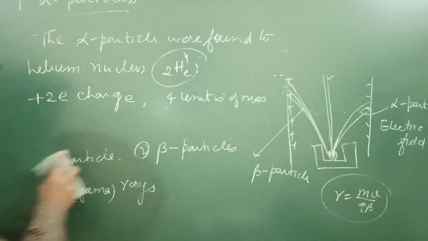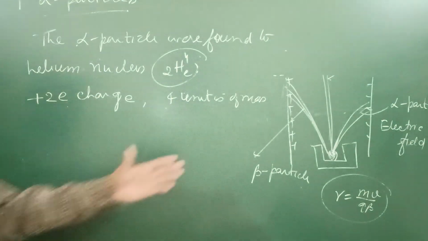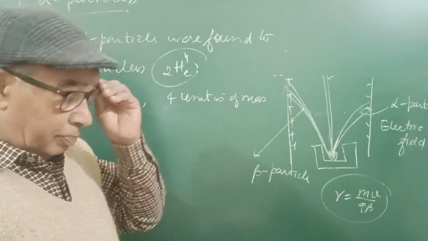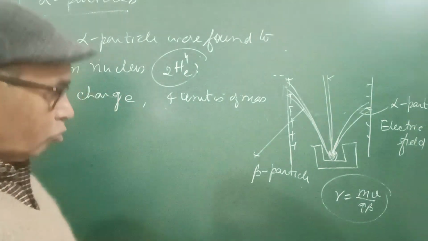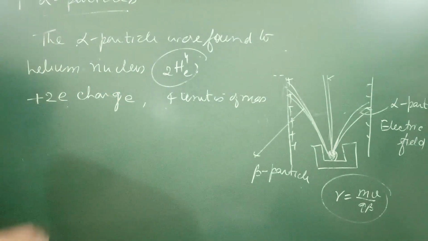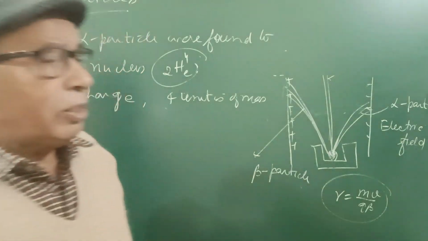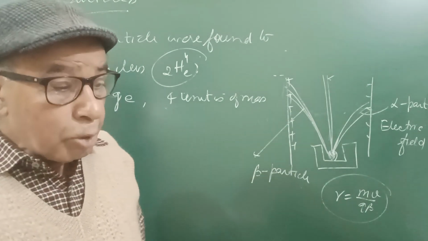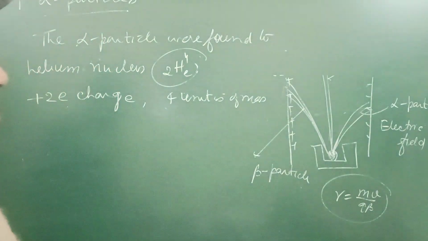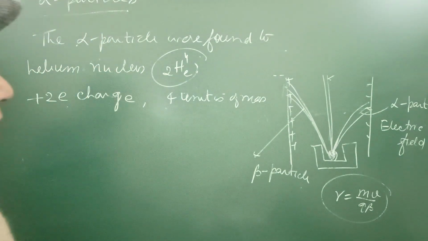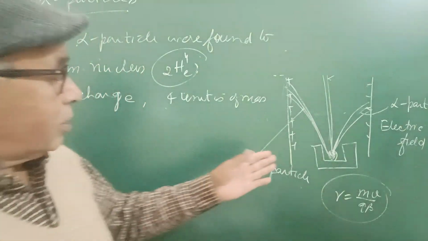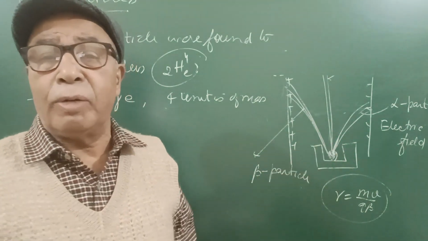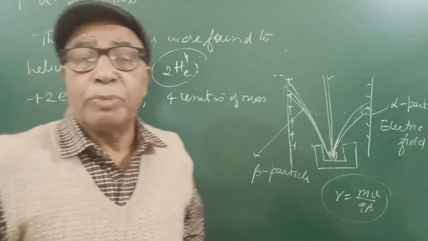You can learn about the properties from books. When alpha particles were allowed to fall on a thin metal sheet, they can penetrate. When they were passed through gas, they produce ionization, and the ionization produced by alpha radiation was much greater than that produced by beta particles and gamma rays. All these radiations, when passed through a gas, produce ionization.